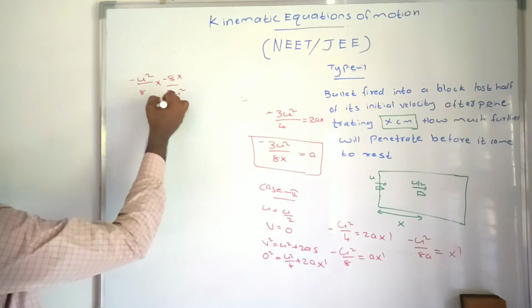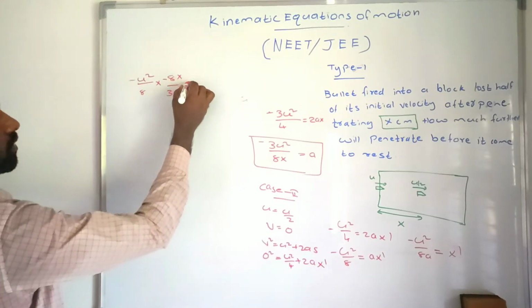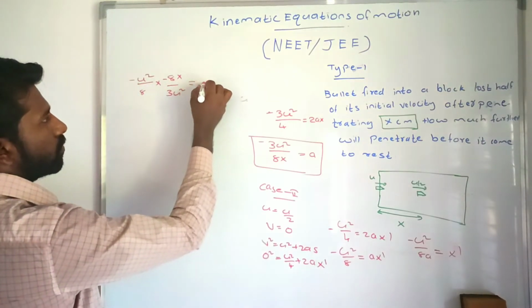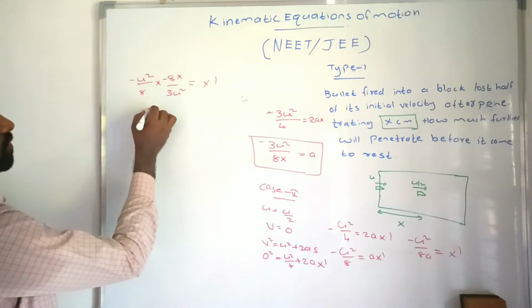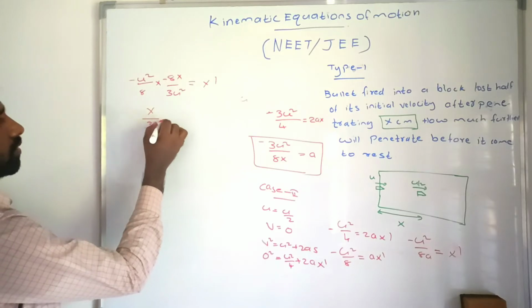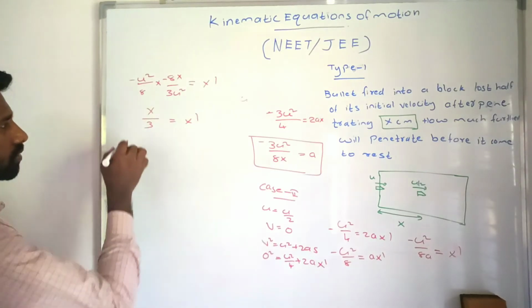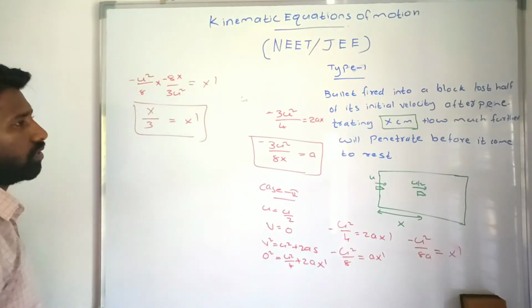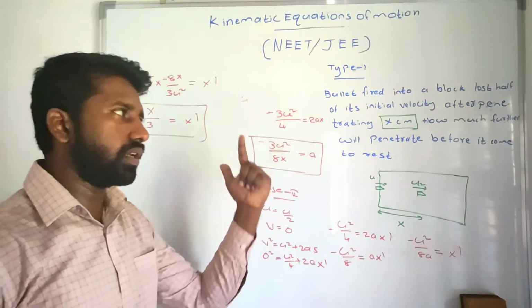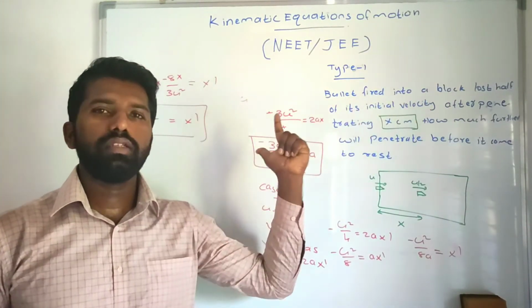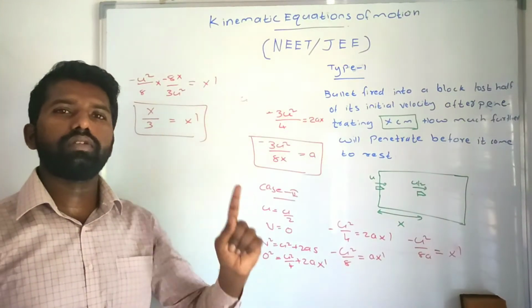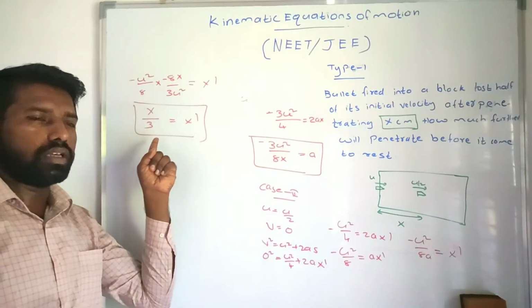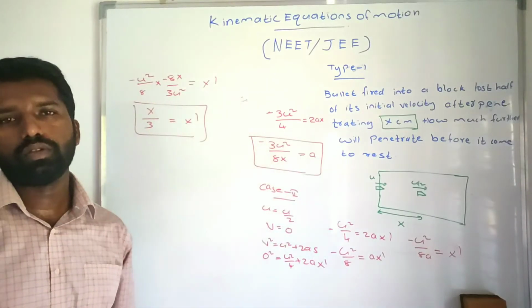Here u square cancels, 8 cancels, and minus cancels. So x dash is equal to x divided by 3. This is x dash. So if an object has traveled 3 centimeter, how much will it travel further? 3 by 3, that is 1 centimeter it will travel.